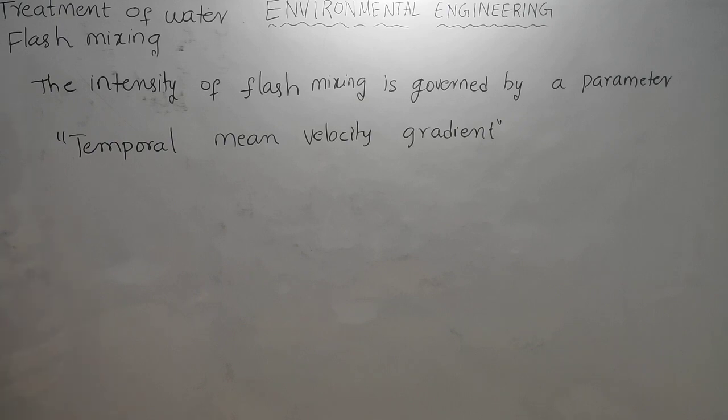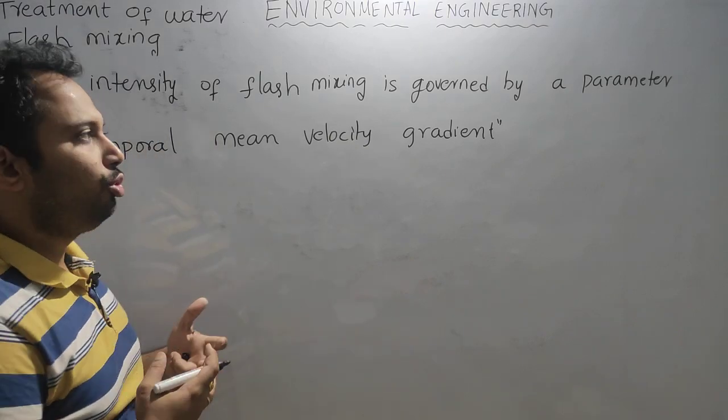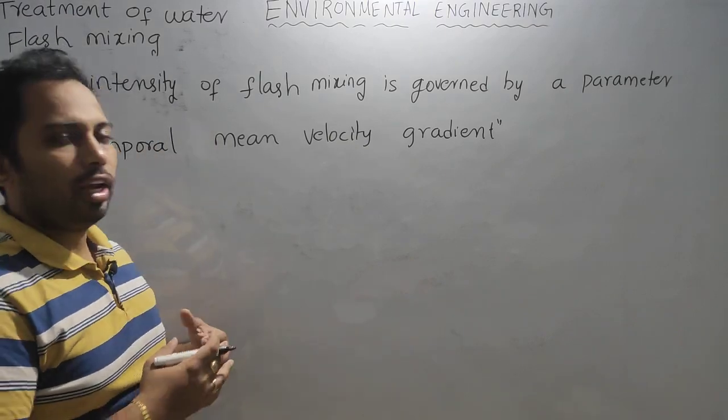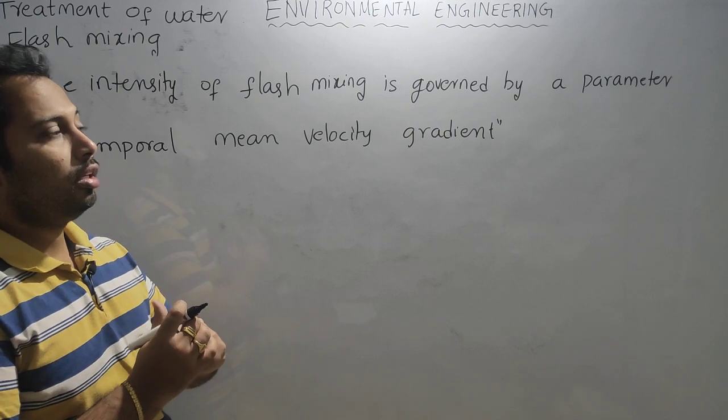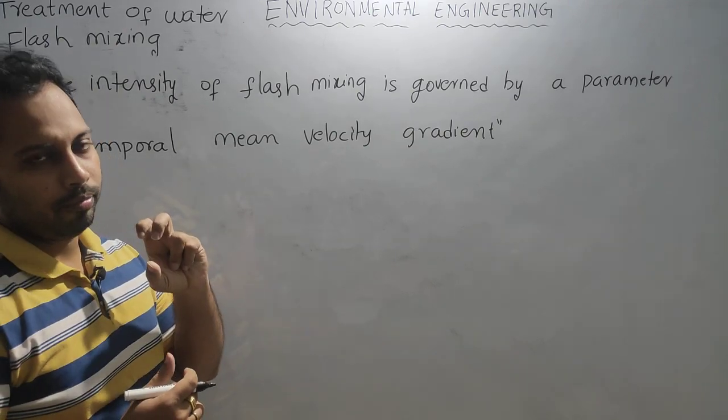So for ensuring a uniform distribution of a coagulant, orthokinetic condition prevails. Here our intention is to uniformly distribute the coagulant everywhere. There are two conditions, one is perikinetic and the other orthokinetic.